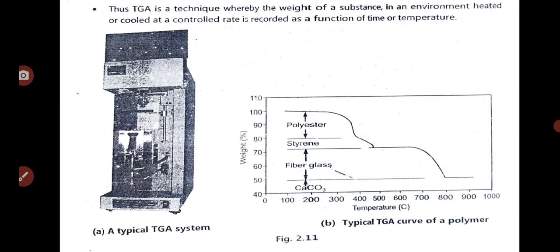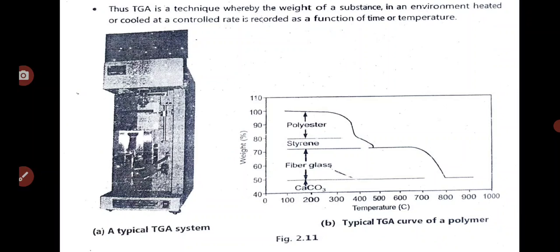On the x-axis, the temperature range in Celsius is given, and on the y-axis the weight percentage. If you see further, as the temperature increases, there is also a change in the weight.